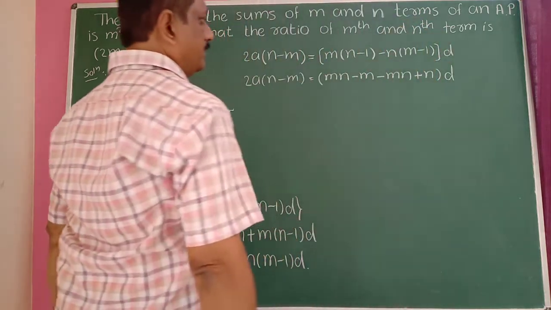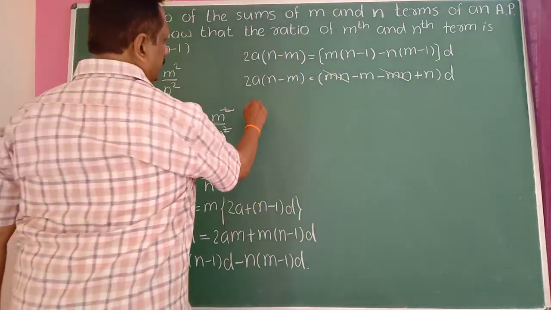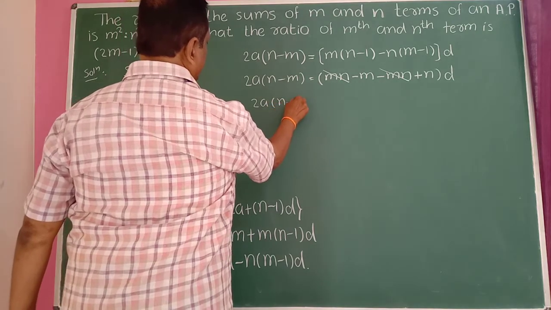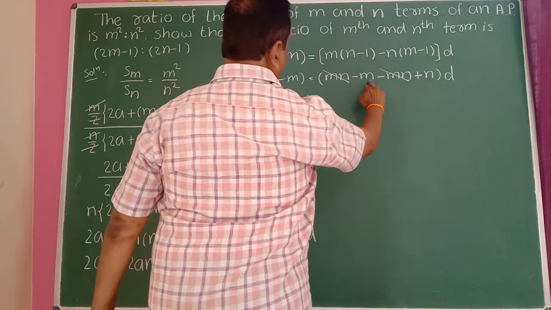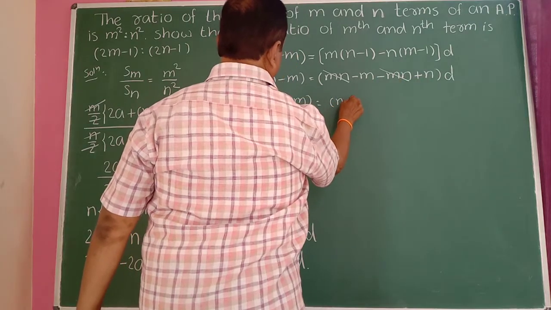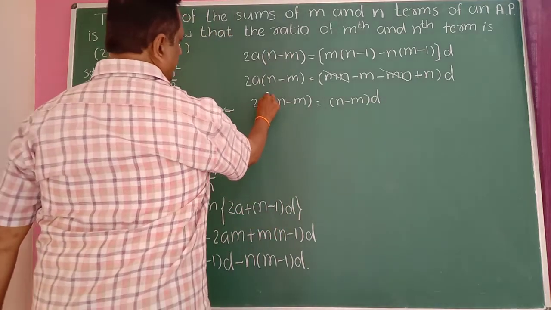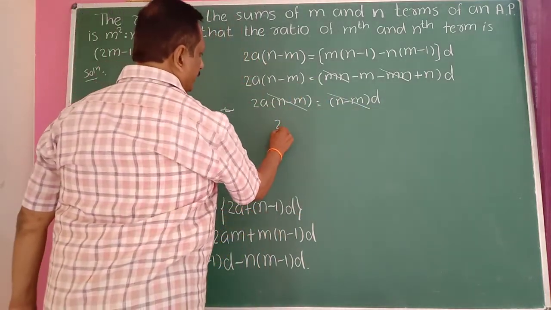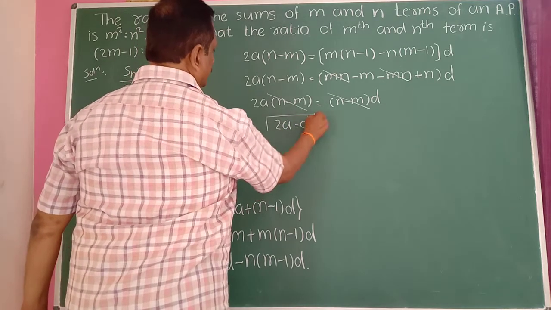Then plus mn and minus mn get cancelled. So 2a into bracket n minus m is equal to n minus m into d. Then n minus m and n minus m get cancelled. So 2a is equal to d.